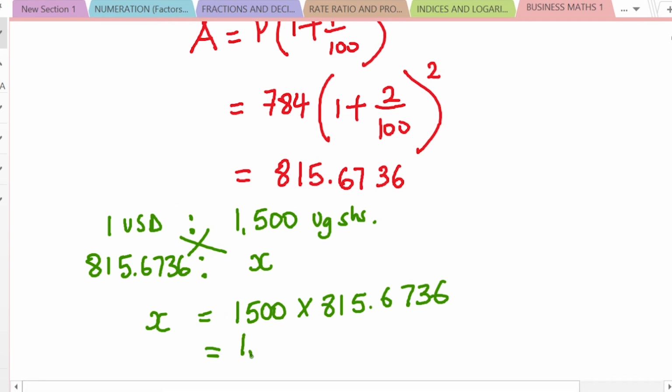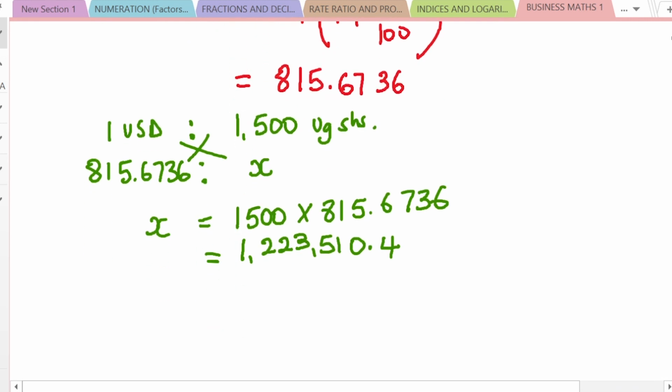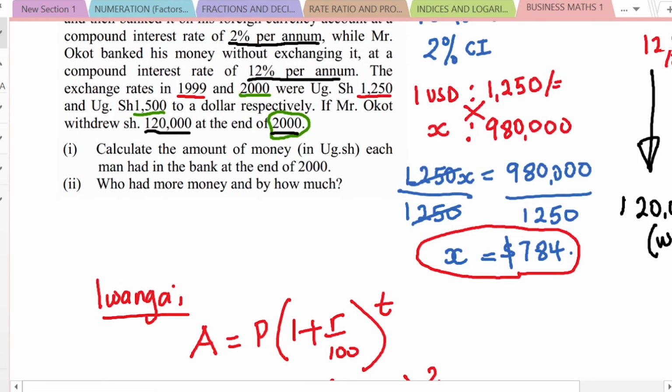So he ends up with 1,223,510. This is the amount of money he ends up with in Uganda shillings. So this is what he has in the bank at the end.